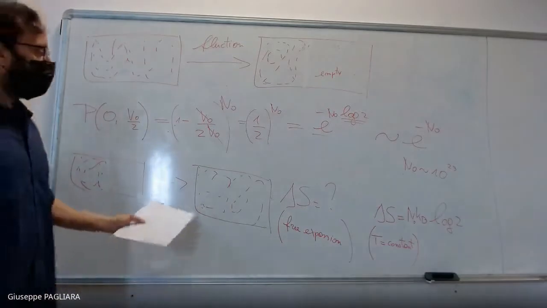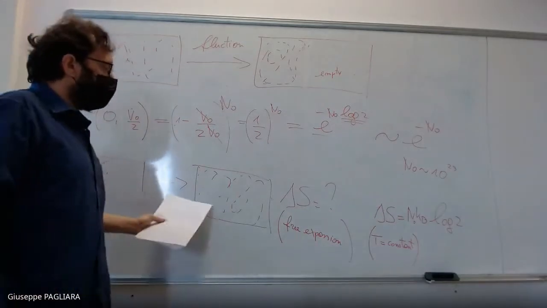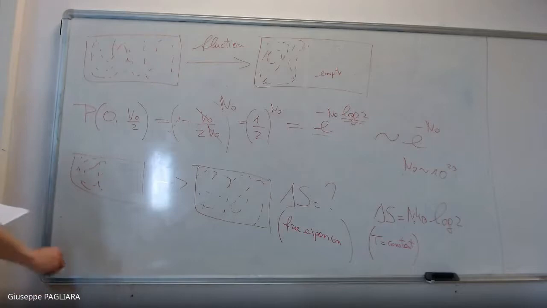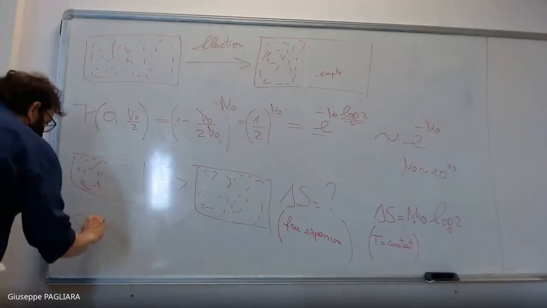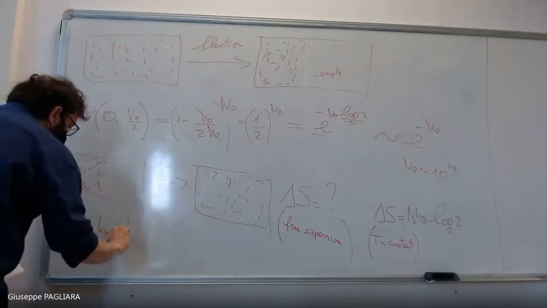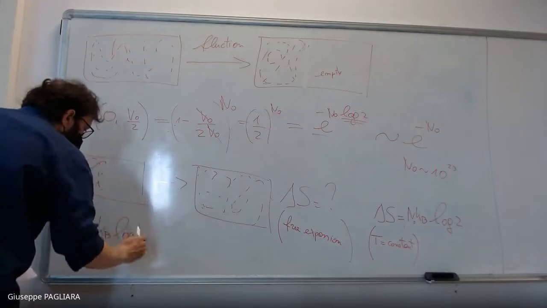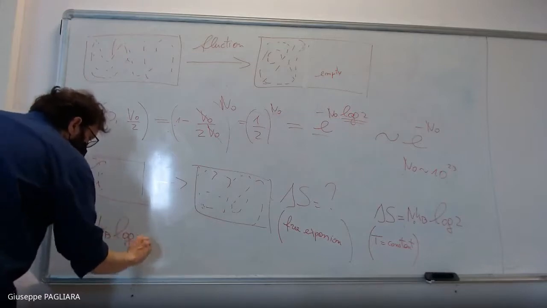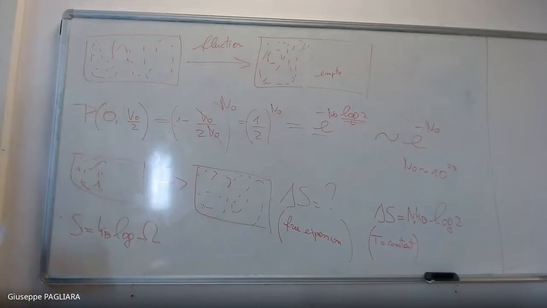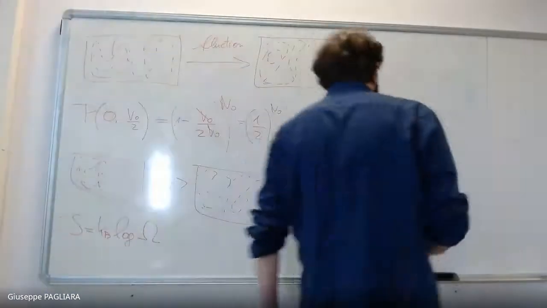Now, this is the variation of entropy that I have from here to here, and I also know that the entropy by Boltzmann is kb logarithm of omega, where omega is the number of microstates associated with my macrostate.